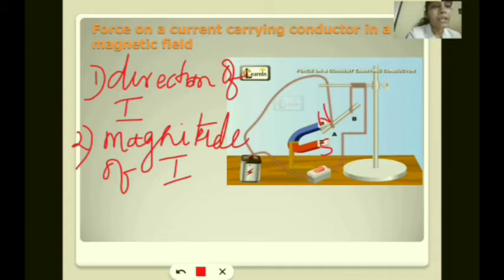So what will be the direction of magnetic field? Direction of magnetic field is reversed. You know, the magnetic field always points from north to south, downwards. And also it was observed the current flows from A to B. And you remember the displacement of the rod when the current flows from A to B initially?